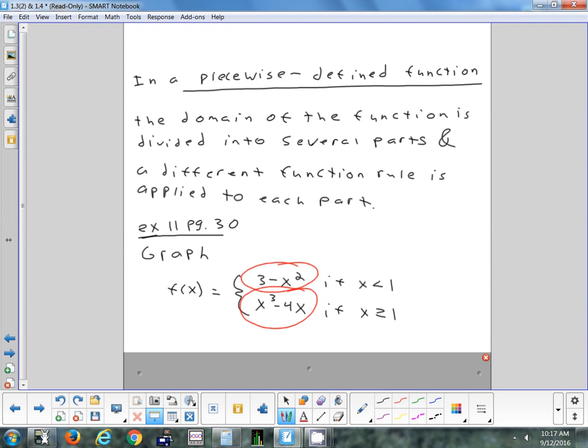All right, so there's two different formulas for graphing the function, depending on what x is. And it doesn't have to just be two. You could have a formula, you use this formula between 0 and 1, use this formula between 1 and 2, and use this formula between 2 and 3. Okay, you could have as many parts as you want.